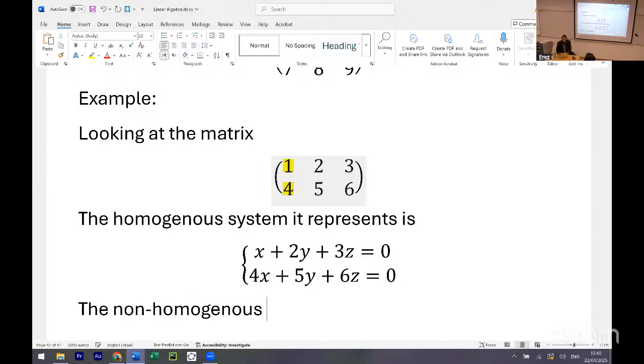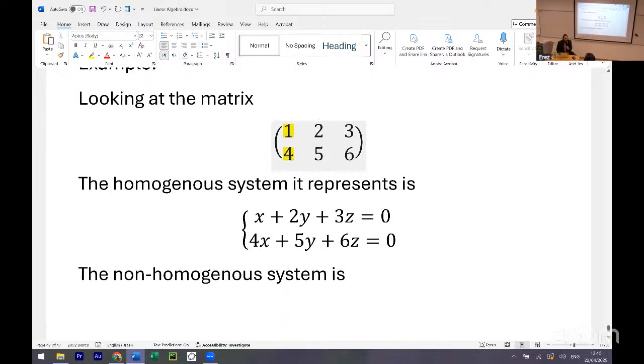The non-homogeneous system is, and it's the same matrix, and it can describe a couple of things. Sometimes students tell me, how can it be that the same matrix describes both this system and this system? And I answer them, how could the number 2 represent both 2 students and, I don't know, grade 2?